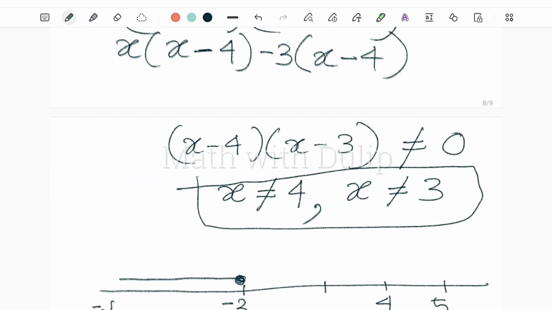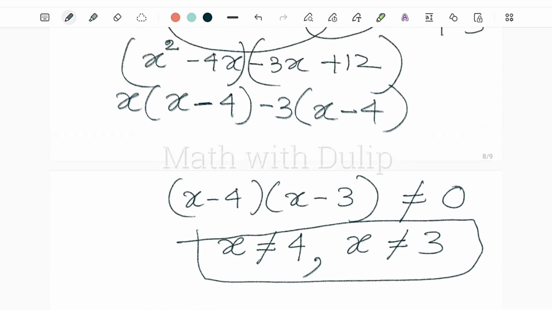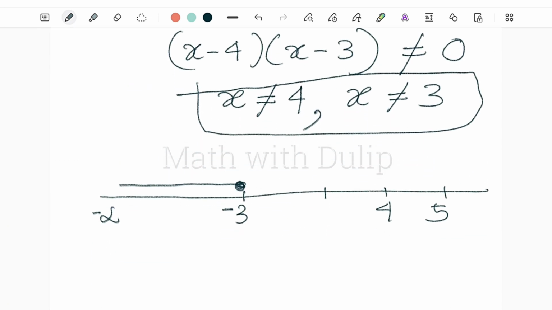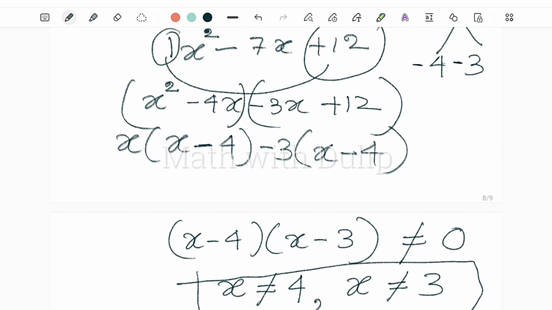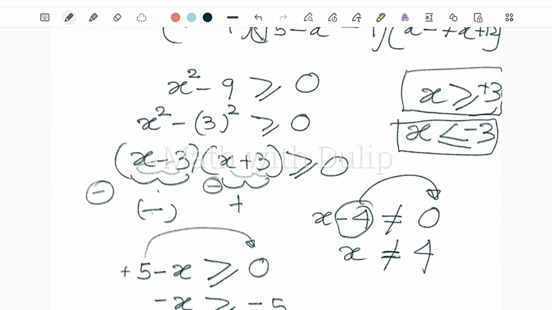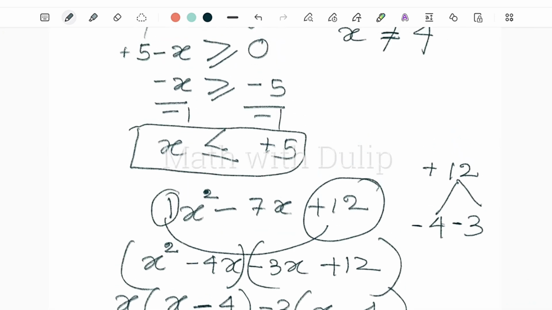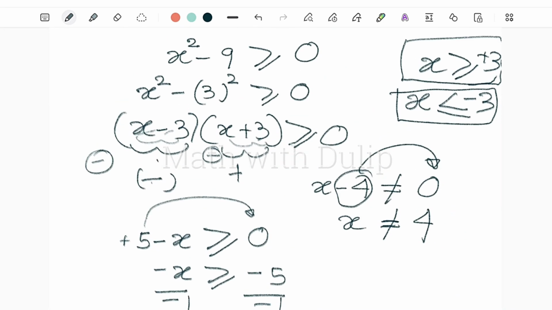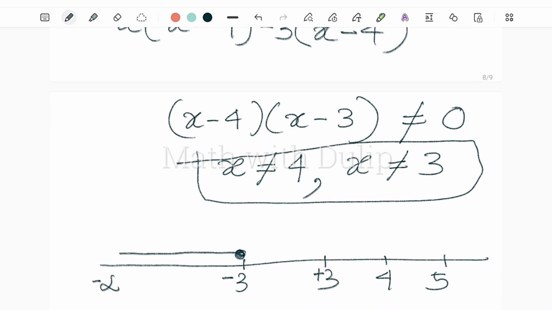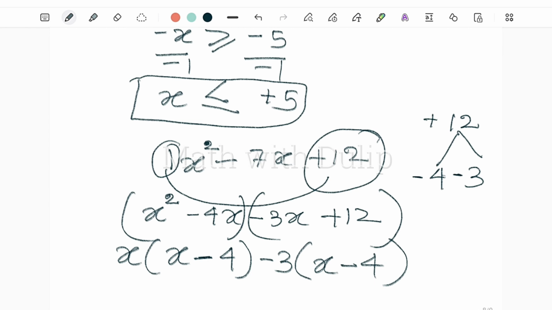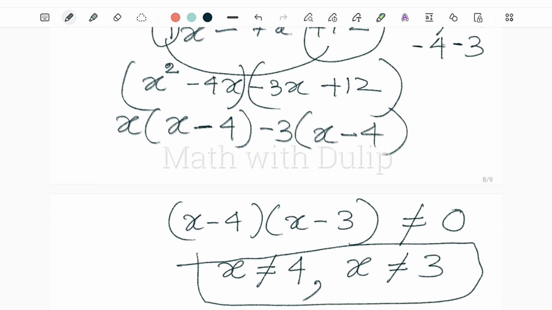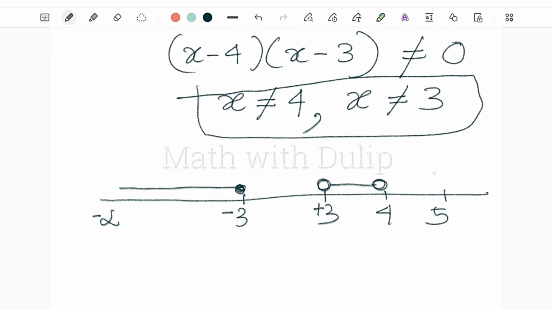Any values less than 3, no. We can use any values between 3 and 4, but excluding 3 and 4. Also, any values where x is less than or equal to 5, including 5, and then we have all the values here excluding 5.